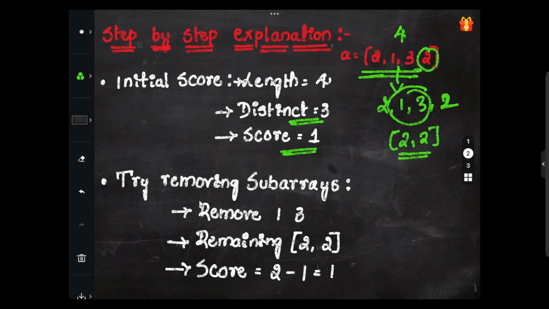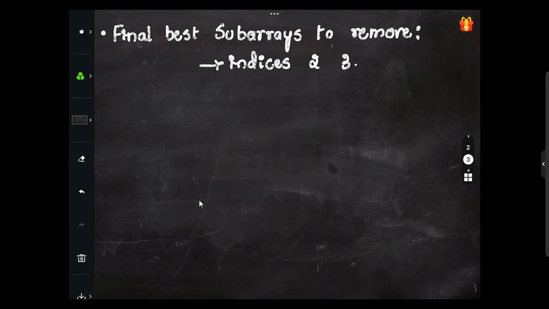When I say this is not distinct, it means we are having the same score but a smaller length in this case. We are having the same score, so we can make this length small. We can just make this one of length 1 because we are having the same values here. So here the score will be 2 minus 1, and the answer will be 1.